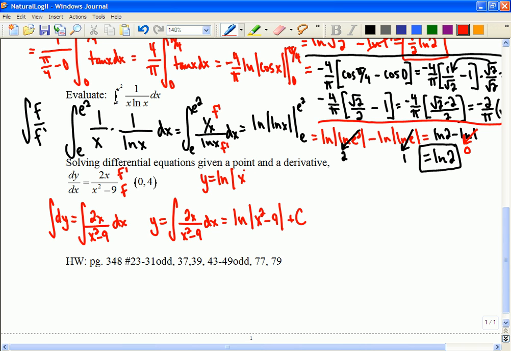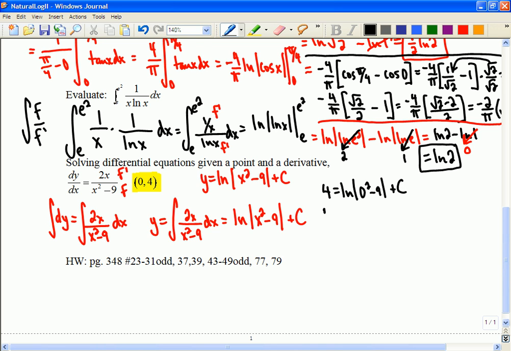But we were given an initial condition, so we can actually find out what the constant was. Because we know that this was an initial condition in the function that we started with, that means I can substitute in for x and y. So what I'm going to do here is put in 4 equals natural log of 0 squared minus 9 plus some constant.